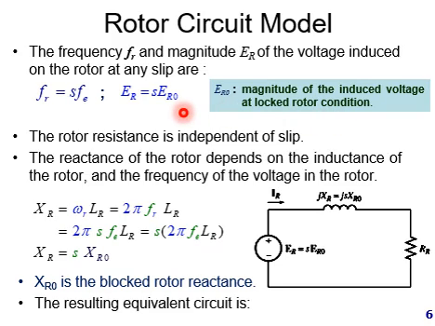So the subscript naught is usually used for zero speed or stationary speed.